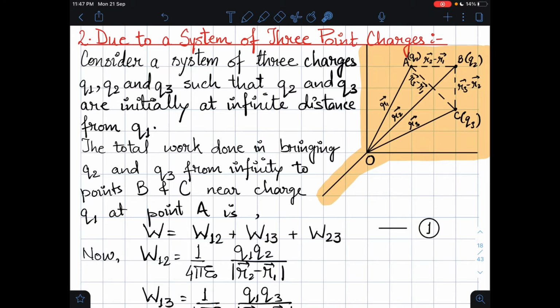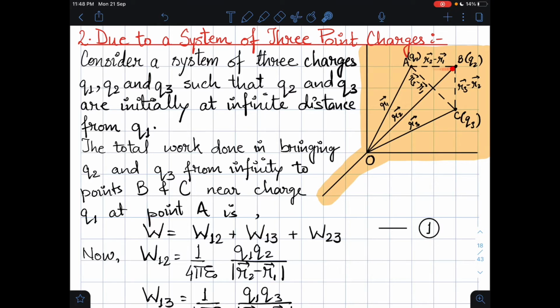So now what will happen? When A comes, no work is done on it. When B comes, A experiences force, so work is done on B from A. When C comes, A and B both exert force on C, so on C the work is done by A also and by B also.